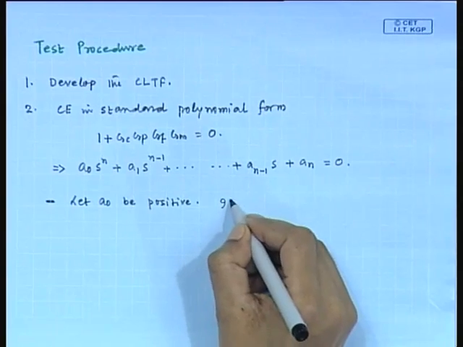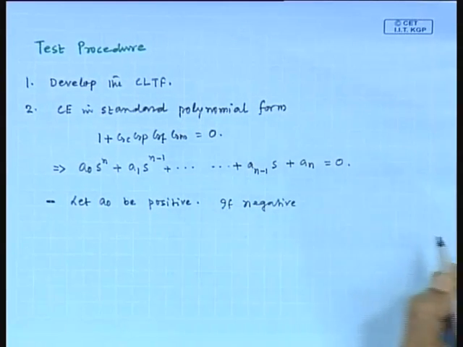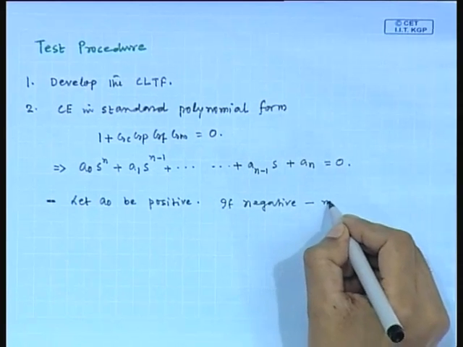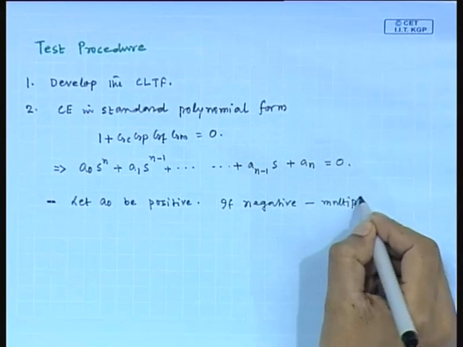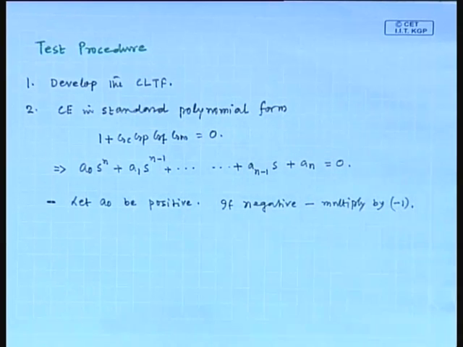If a naught is negative, multiply both sides of the polynomial by minus 1.